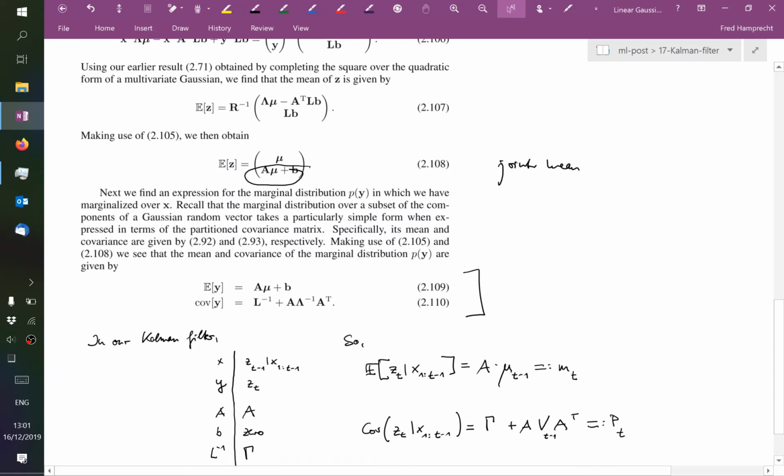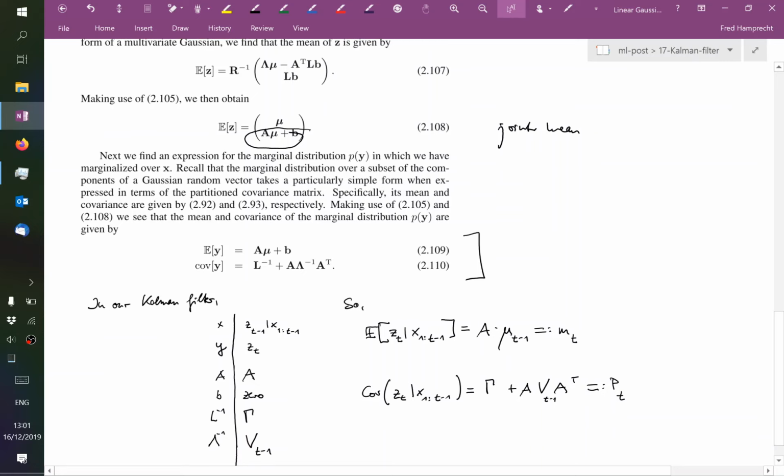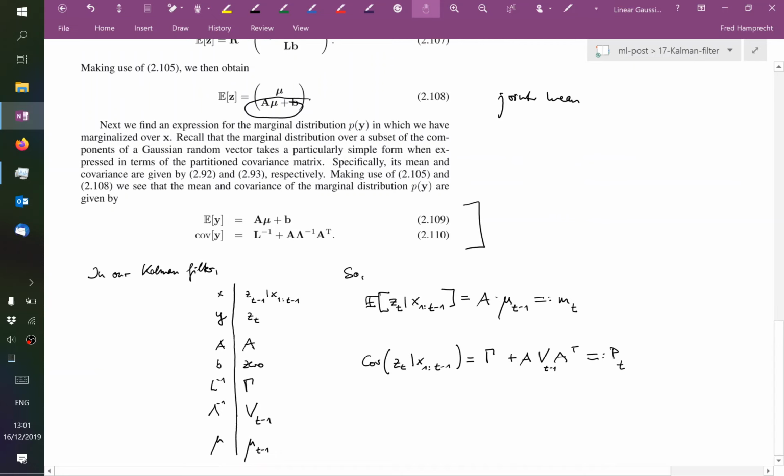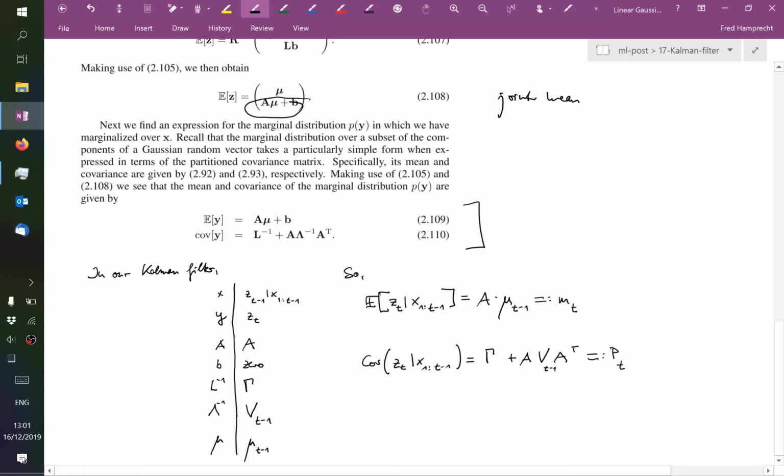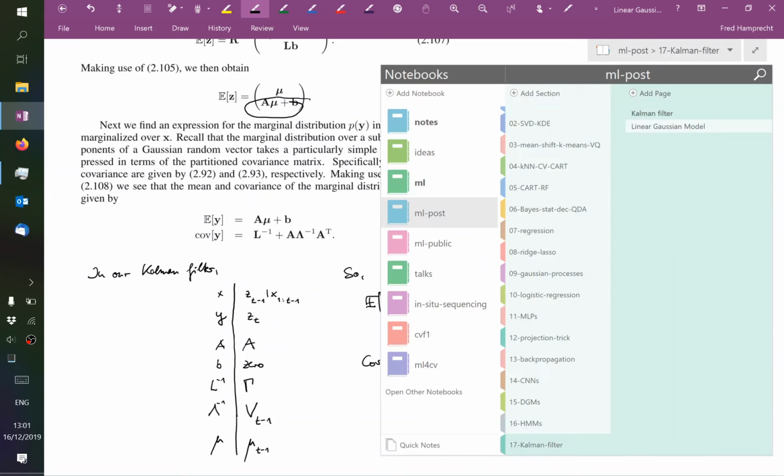All right, and now if you replace all the letters used in this chapter with the letters that we have in our derivation of the Kalman filter, then you finally get to this result here. I will copy it in the public document.